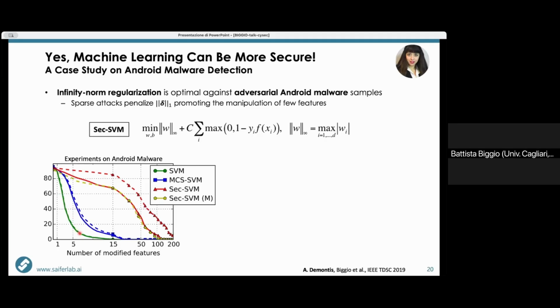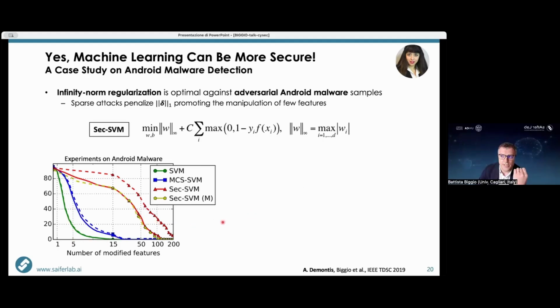So the green curve here is the vanilla detector that was proposed, the original one. And you see that it can be fooled very easily. The blue line is a combination of multiple classifiers trained with the same rationale by perturbing the training data and then averaged.